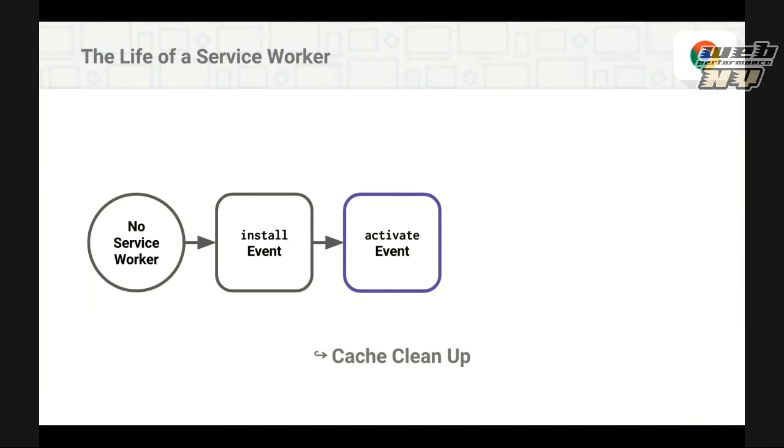Then at some point later on, it might be immediately, it might be after a delay, depending upon whether you have any open tabs with your page in another browser window, there are ways of delaying it so that you don't delete the resources that a previous open version of your web page needs. But the general idea is this is where you do cache cleanup.